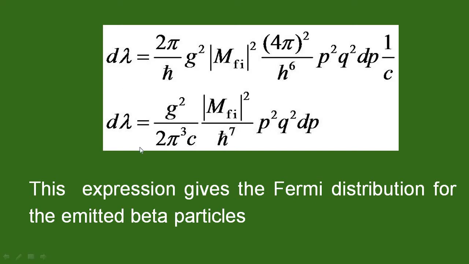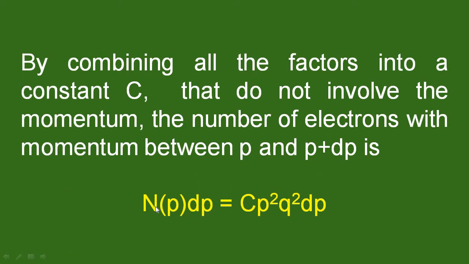So this will become C, and d lambda is the number of electrons in the momentum range P and P plus dP. You can replace it as n of P dP, that is equal to C P square Q square dP.